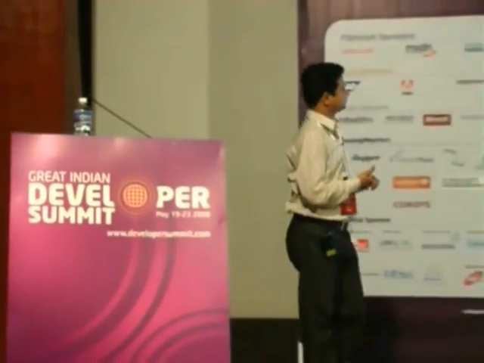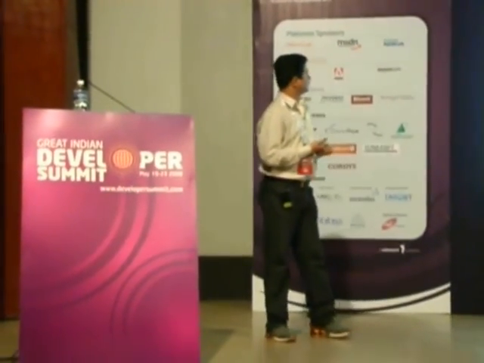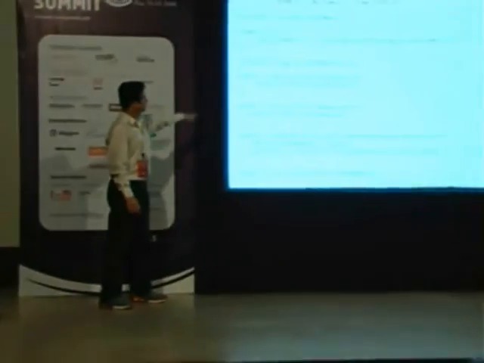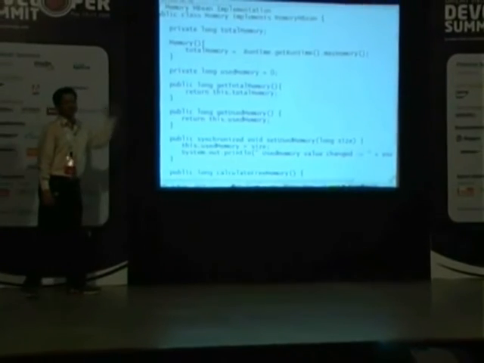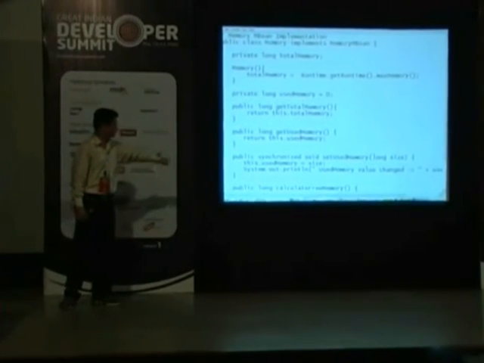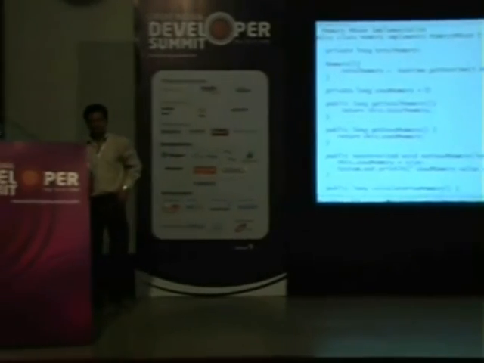Okay, yes, the memory class is this one. Just go up, and here, private count total memory. So here if you see, used memory is an attribute. That's why get used memory and set used memory are getter and setter methods. Yes, I got the answer to my question.